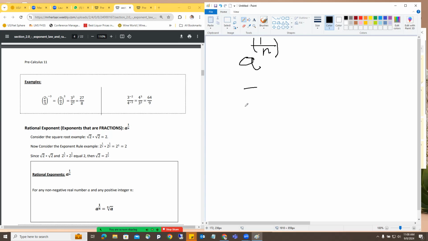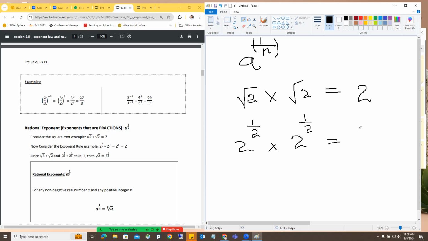So for example, let's assume we have square root 2 multiplied by square root 2. What is the answer? 2. How do we get that? Square root 2 means 2 to the power of 1 over 2, and again square root 2 is 2 to the power of 1 over 2.